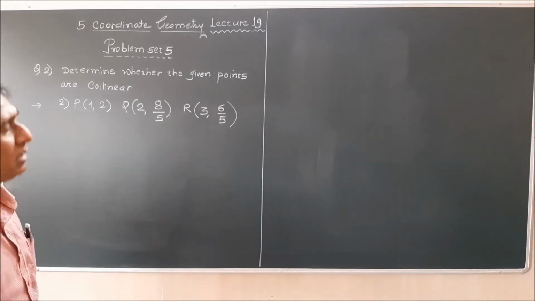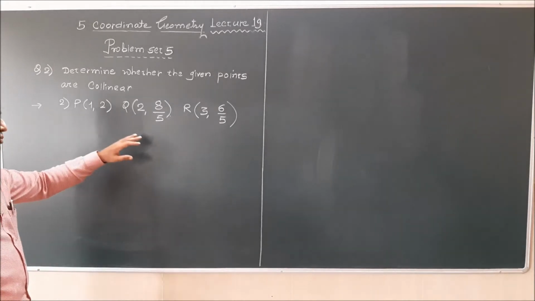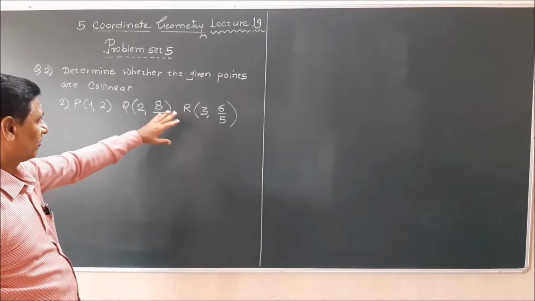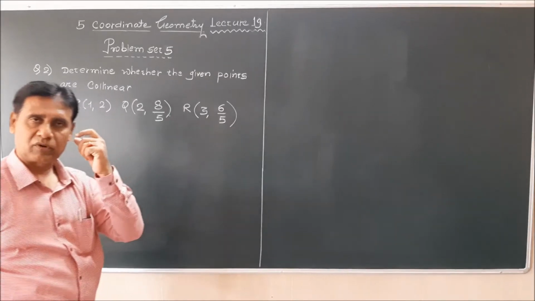Coordinates of P are 1 comma 2, Q 2 comma 8 upon 5, R 3 comma 6 upon 5.